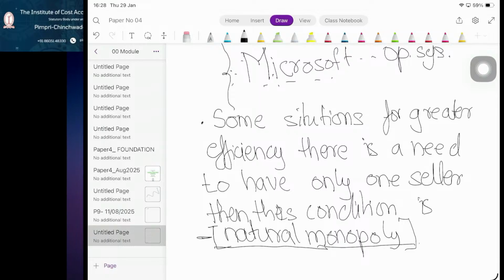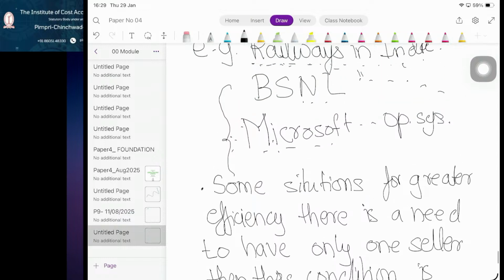So this market is called a natural monopoly. Did you all get this? Online students, have you got this? Monopoly and also what is a natural monopoly? Okay, thanks. Let me move ahead.